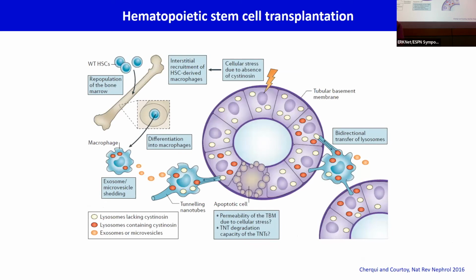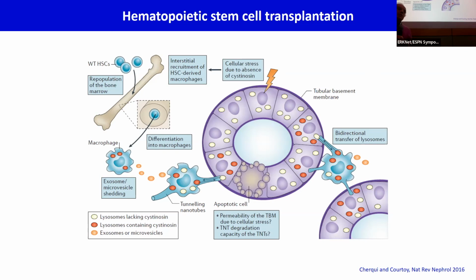And then I will finish with the hematopoietic stem cell transplantation. This strategy was developed by Stéphanie Cherqui when she was working at the Scripps Institute. What really happened is that she tried to do bone marrow transplantation in a knockout mouse.